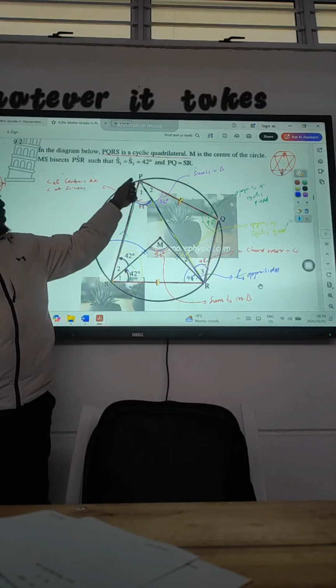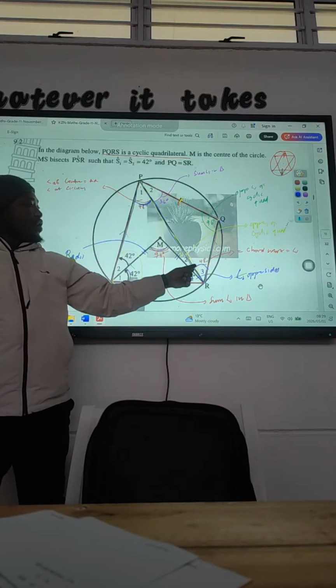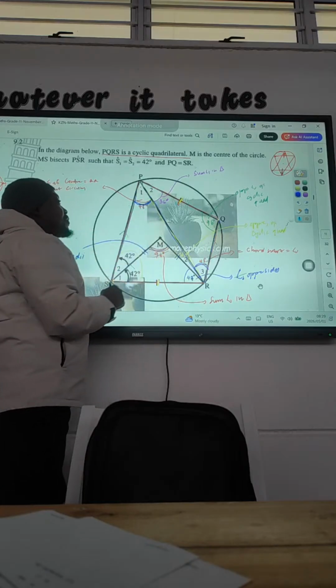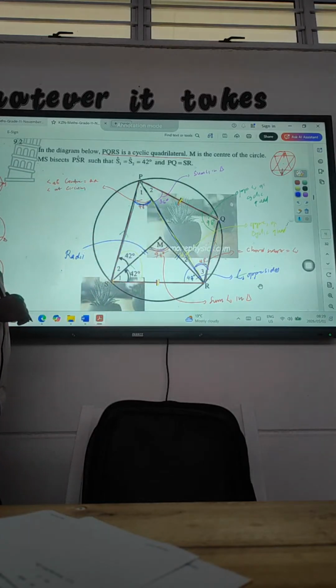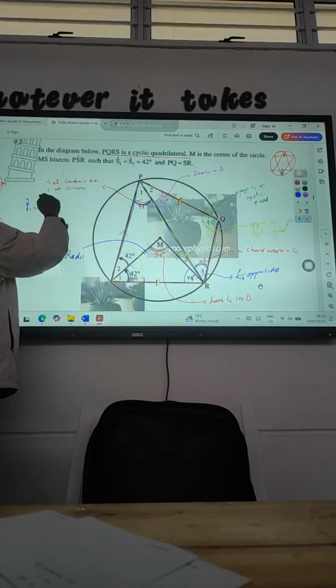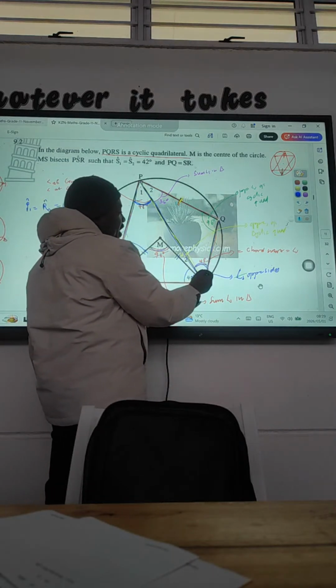SP and QR, we have a transversal line from P to Q, and we see that this angle is actually equal to this angle. And the positioning will say now P1 is equal to R3, which is equal to 48 degrees. And then how did we get this to be 48 degrees?